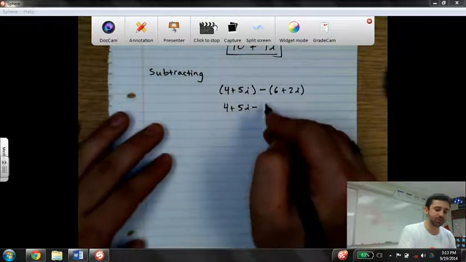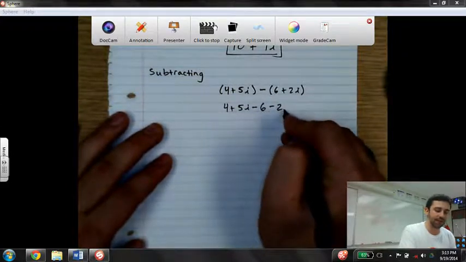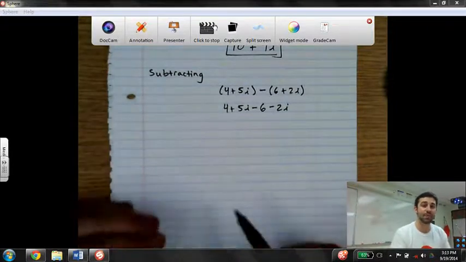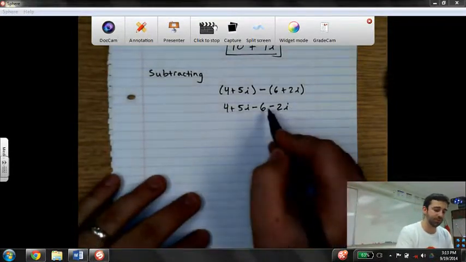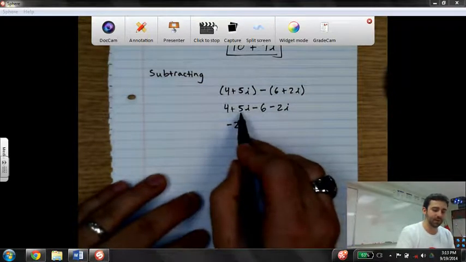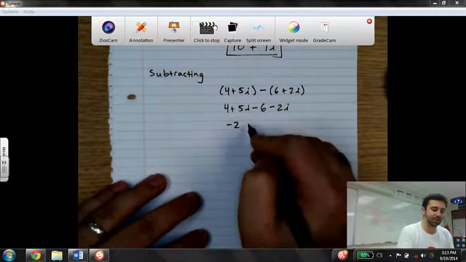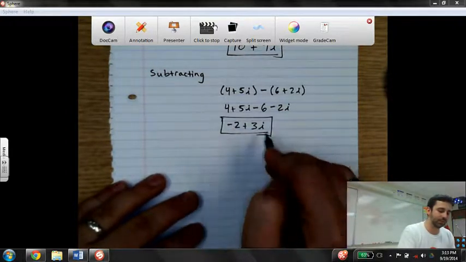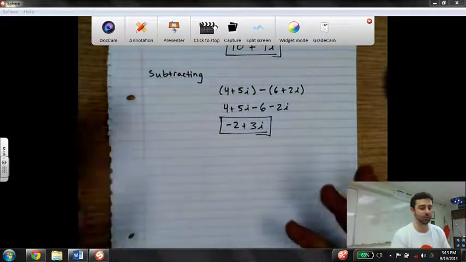So we are subtracting 6 and subtracting 2i. And once again, combining what you can think of as like terms, 4 and -6 to a -2, and then a positive 5i and a -2i to a positive 3i, we get the solution to our subtraction problem.